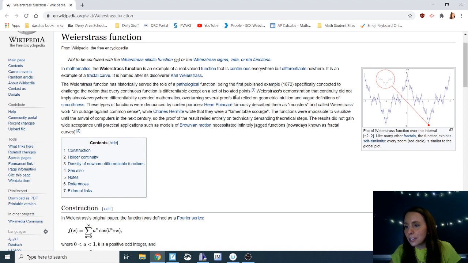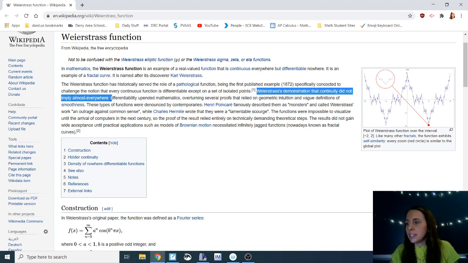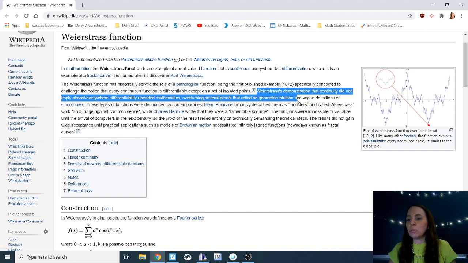This is so great. So Weierstrass's demonstration that continuity did not imply almost everywhere differentiability upended mathematics. Isn't that wild? This function right there just upended mathematics, overturning several proofs that relied on a geometric intuition and vague definitions of smoothness.